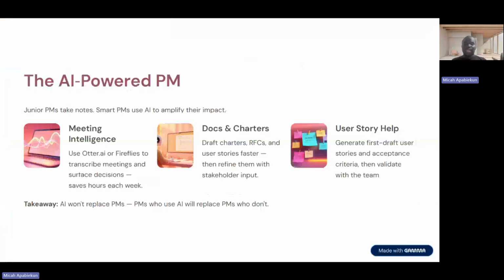PMs who use AI will replace PMs who don't, right? Because PMs are people that add creativity to your work, you add insights, user-generated feedback. You don't outsource your thinking to AI. If you outsource your thinking to AI, you would find AI would replace you very easily. Don't outsource your thinking to AI. When we have our session, I'll do some demos on how we use AI and all of that. So watch out for that.